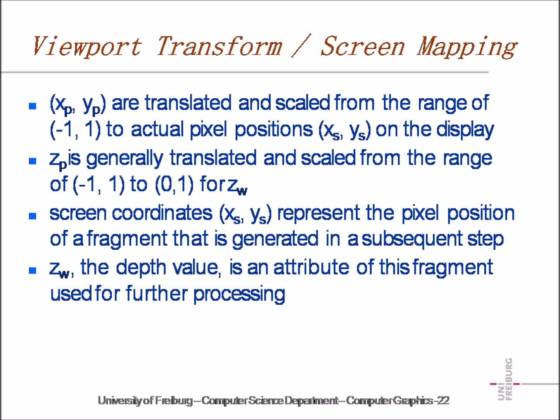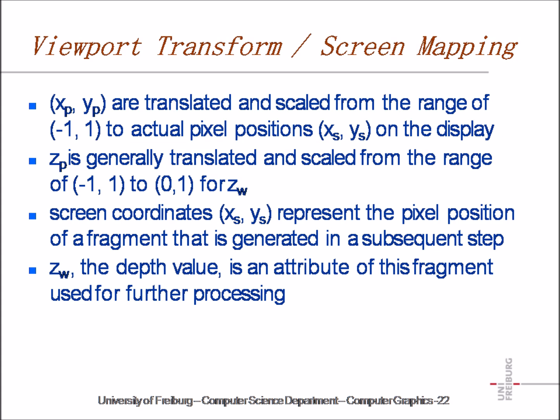The following steps are required for viewport transform or screen mapping. Number 1, xp, yp are translated and scaled from the range of -1, 1 to actual pixel position xs, ys on the display screen. Number 2, zp is generally translated and scaled from the range of -1, 1 to 0, 1 for zw. Zw is a depth value of an object on the screen.